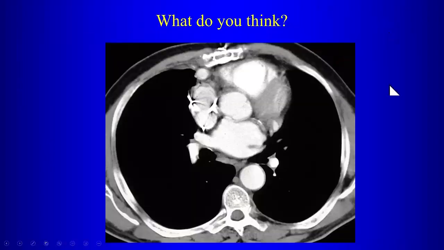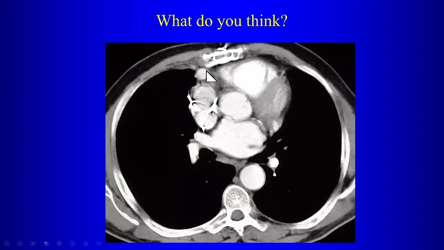Okay. All right. So for this particular case, does anybody see anything they want to talk about? Well, let's go through the structures. This here is the left atrium, and this the left ventricle, this the right atrium, over here the right ventricle.